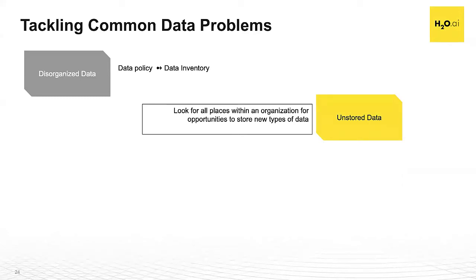So go one by one to see if it's possible to collect that data and then store it from that source. Data storage and capture is becoming so much easier and cheaper than it used to be, so that shouldn't be something that deters you.